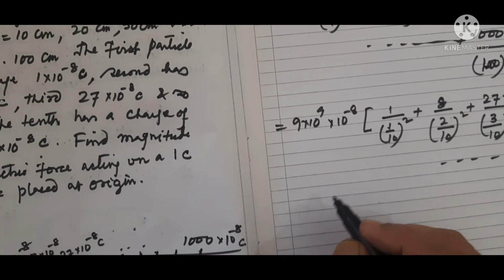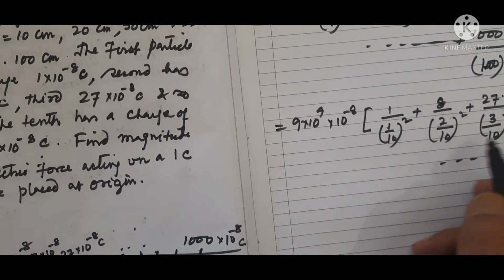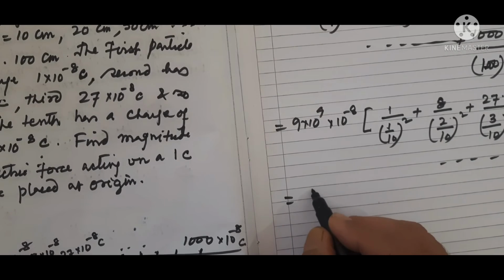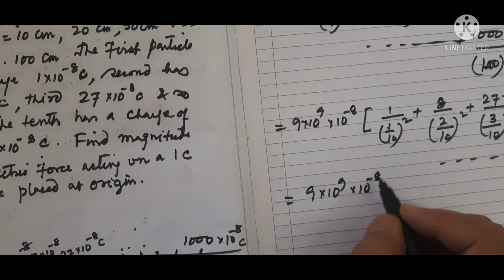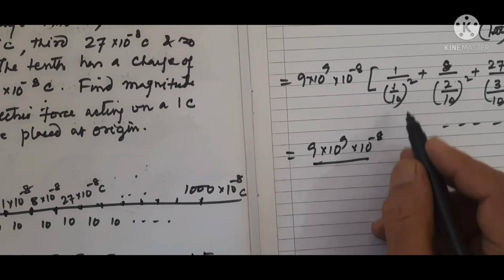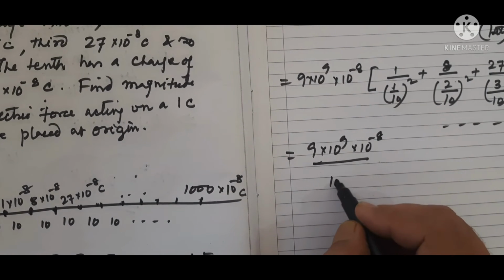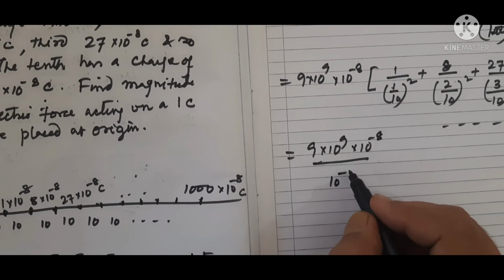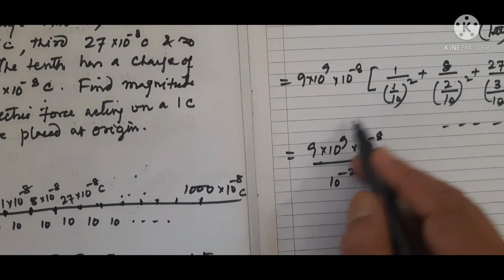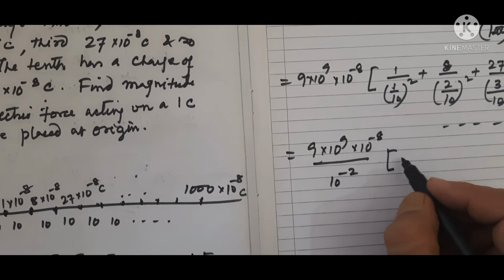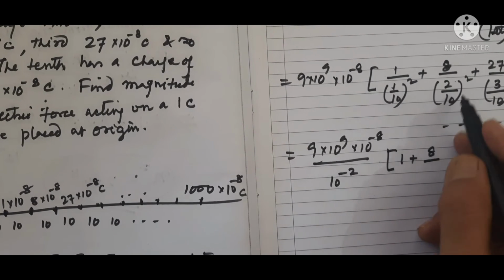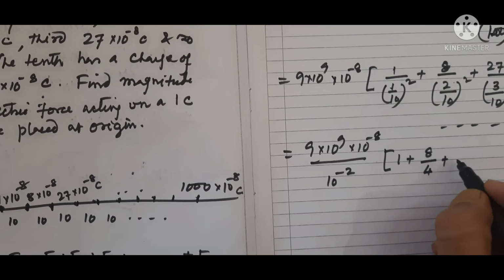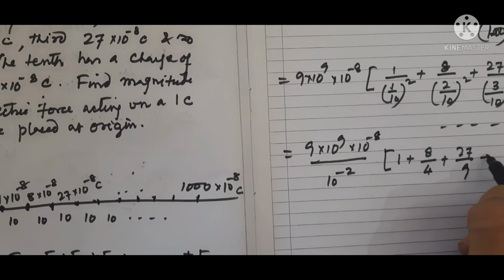Now the interesting fact is that with 10 squared in the denominator, we can write 9 into 10 to the power 9 into 10 to the power minus 8 by 10 to the power minus 1 whole squared, that is 10 to the power minus 2, taking it out common. So what will be here? 1 by this, then 8 by 2 squared, that is 4, plus 27 by 3 squared, that is 9, and so on.